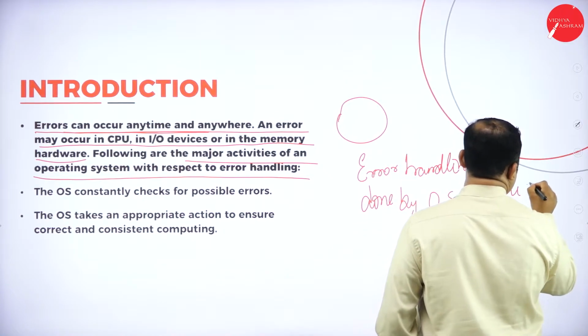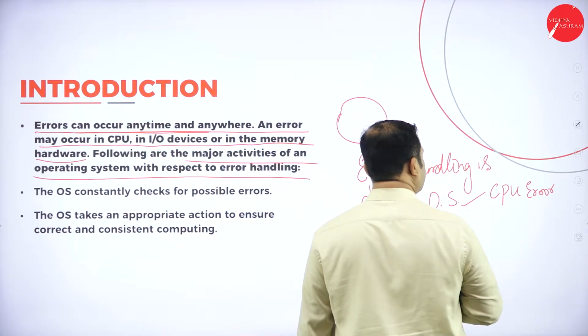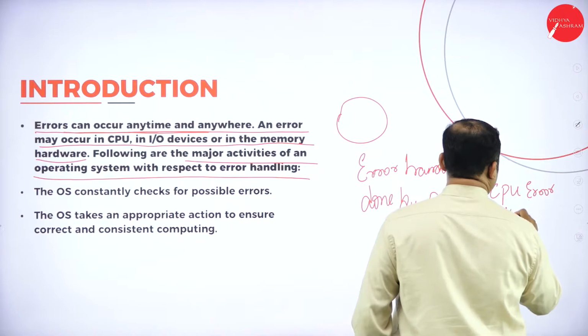Which are the types of errors? CPU error. Then which is the next type of error? That is memory handling error.